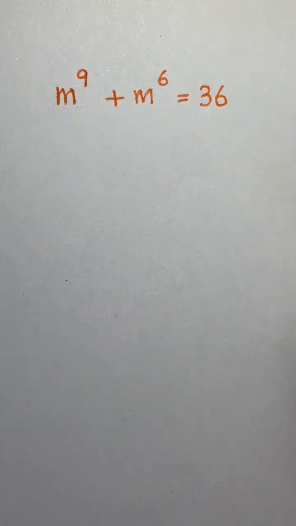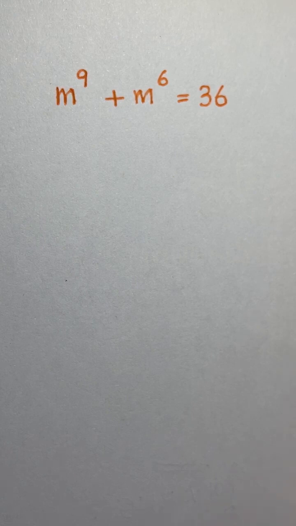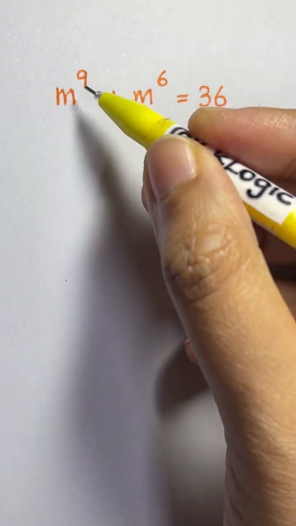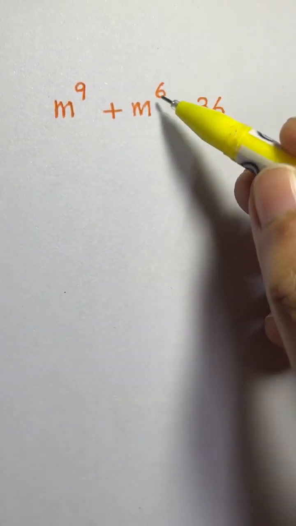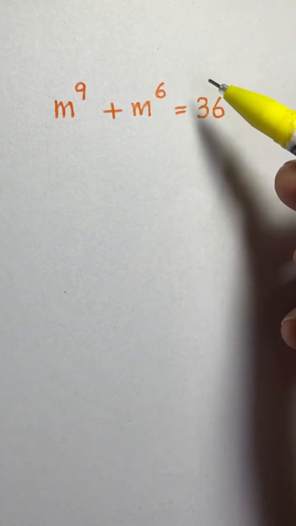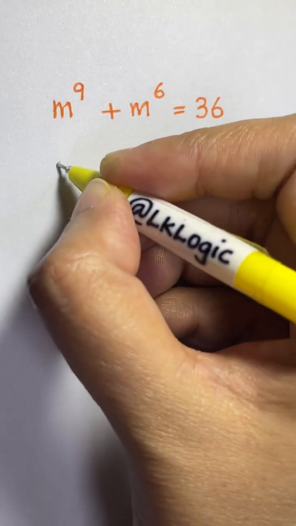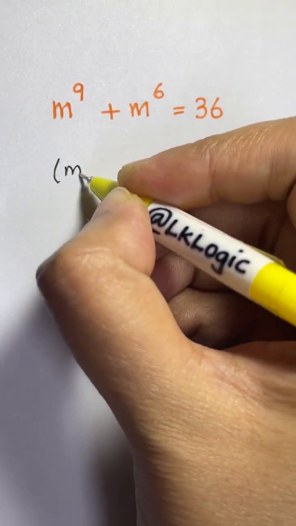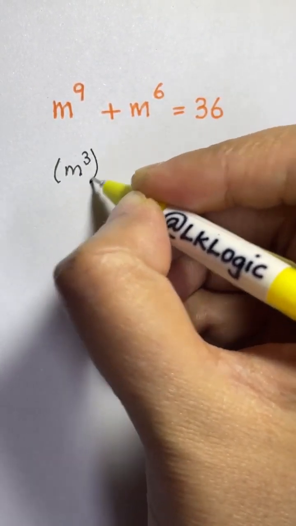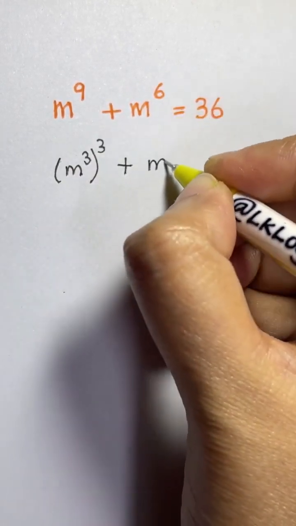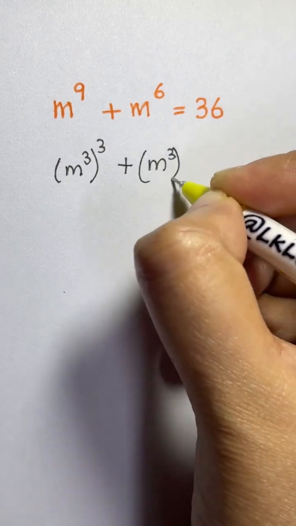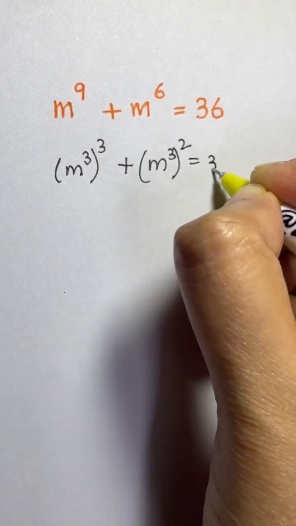Here you should know some laws of indices. Now we can break down 9 as 3 times 3 and 6 as 3 times 2. So you can even write it as (m cubed) cubed plus (m cubed) squared equals 36.